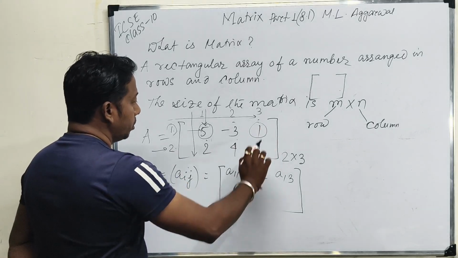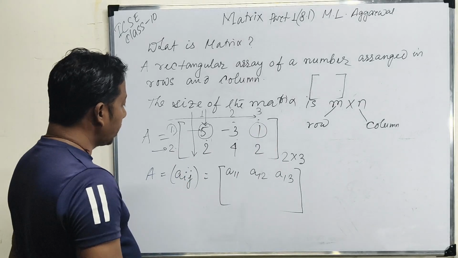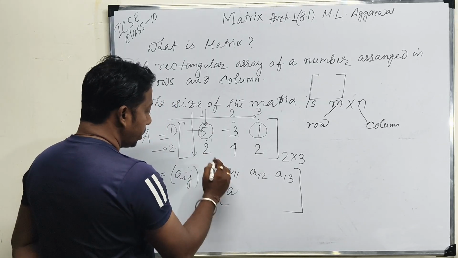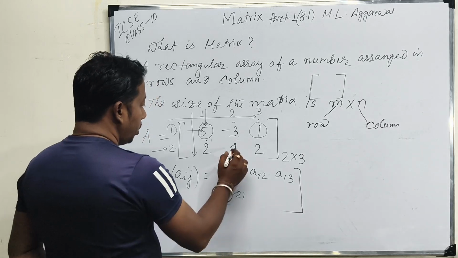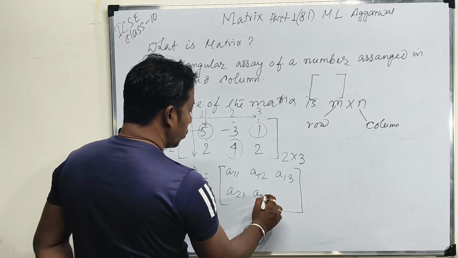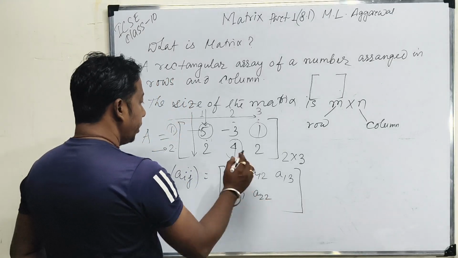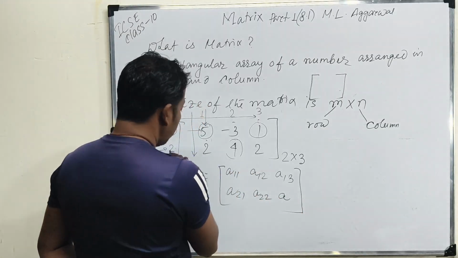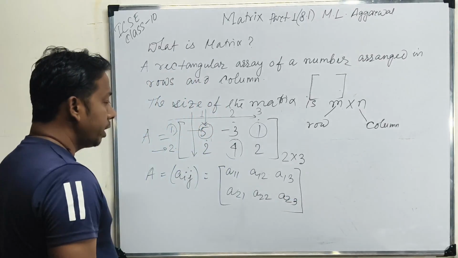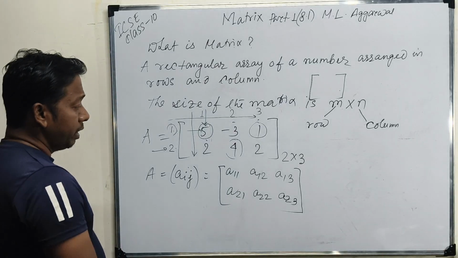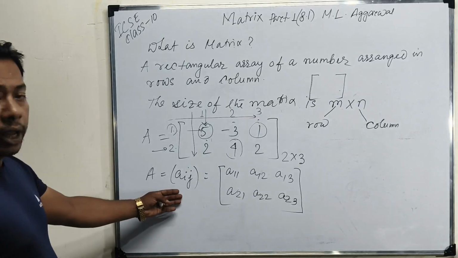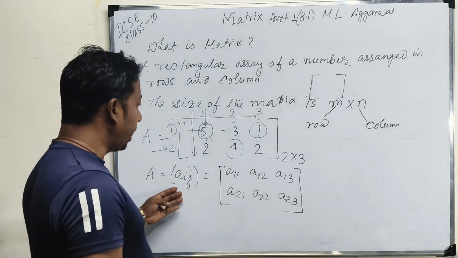Now the first row is completed. In the second row, the row number is 2 and the column number is 1, so a21, then a22, and then row number 2 and column number 3, a23. This is the sixth position of the matrix. We can write a_ij easily.